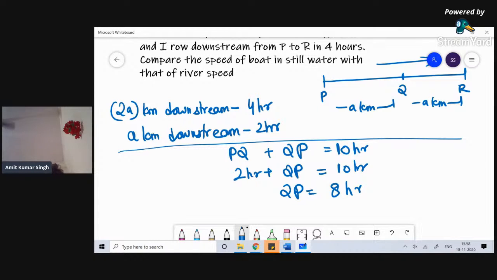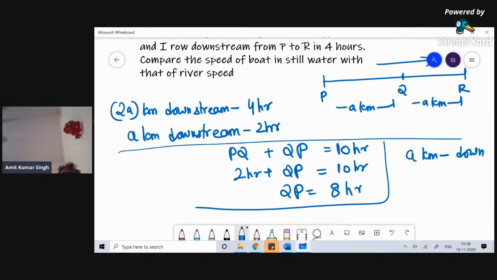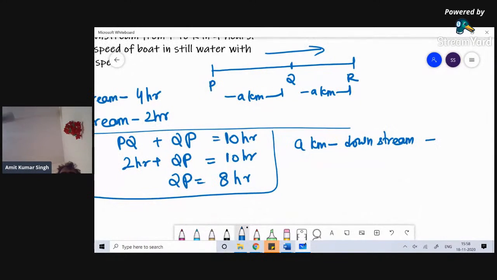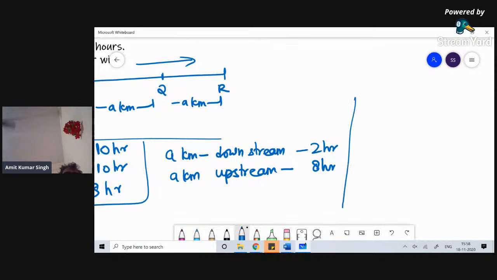So you understood this. A kilometer downstream takes 2 hours, and a kilometer upstream takes 8 hours. If you want to write an equation, d is the distance: d by x plus y is 2 hours, and d by x minus y is 8 hours.